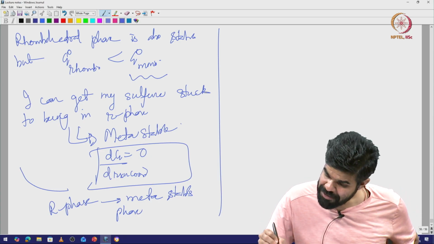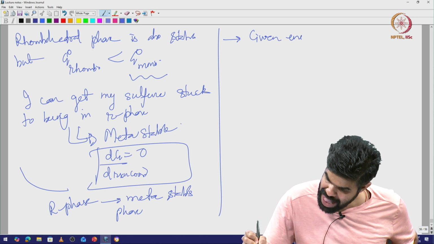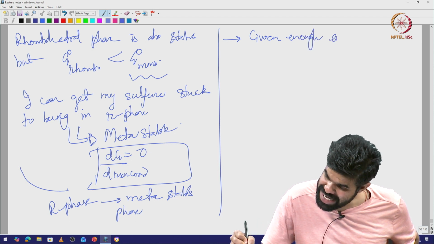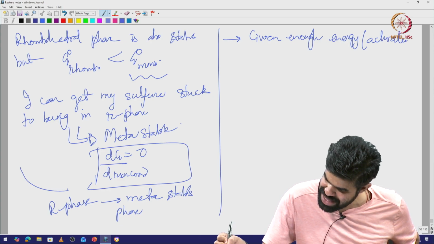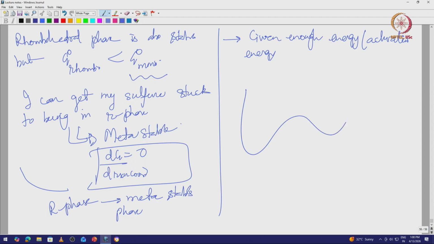And given enough energy, or what is called the activation energy, and how much is that activation energy? This is the monoclinic phase, this is the rhombohedral phase, I give this much energy, this is delta G activation.